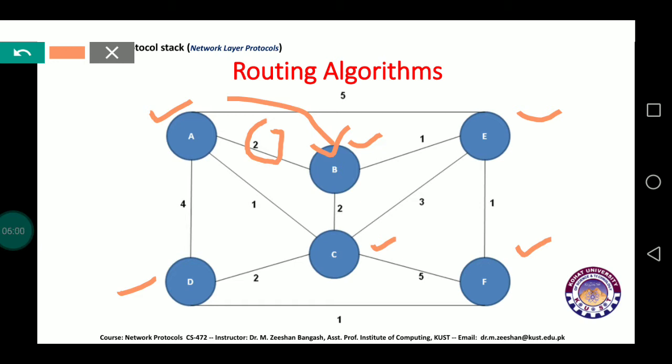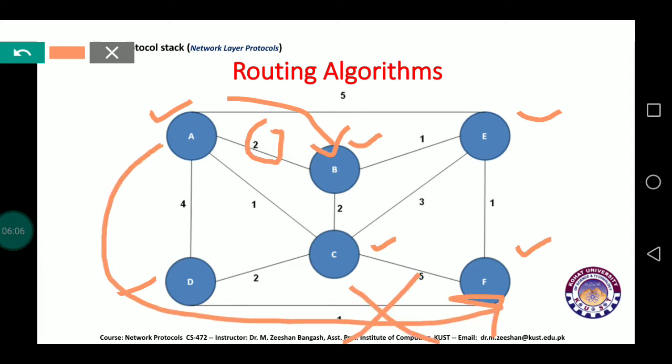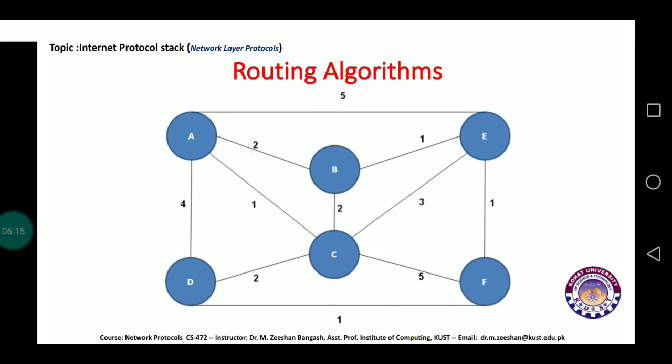So if we are moving from node A to node F, there is no direct link. There are intermediate hosts that are involved in the communication.